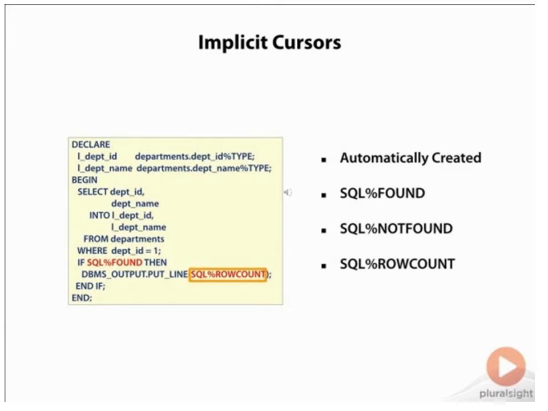Implicit cursors are automatically created by Oracle whenever an SQL statement is executed when there is no explicit cursor for the statement. Programmers cannot control the implicit cursor and the information in it.